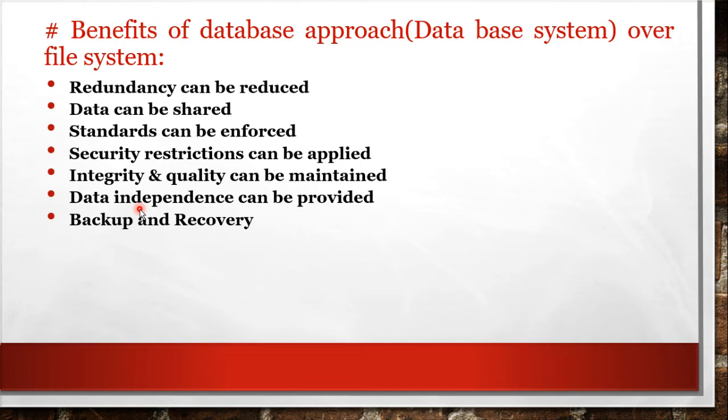Even if we change the structure of the database, we can add extra columns without affecting any of the existing application programs or any of the new application programs. So all these changes, data independence, operation independence, can be provided easily using the DBMS system. Data independence will be a topic in further lectures. Backup and recovery can also be maintained easily.